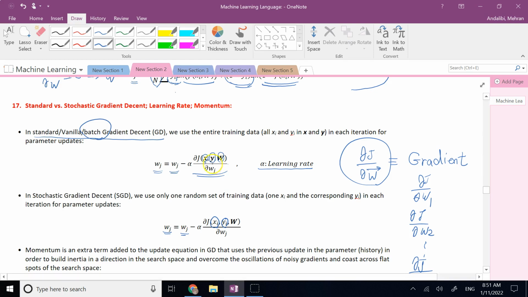One is, since you are not using all of the data, just one pair of data, it makes the computations a lot less demanding and makes your updates faster.